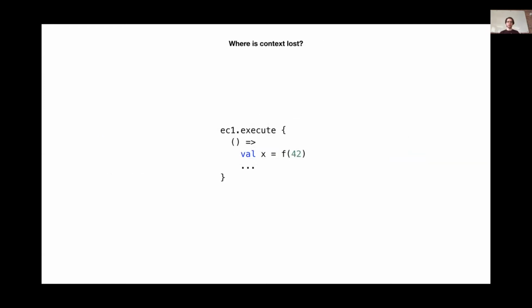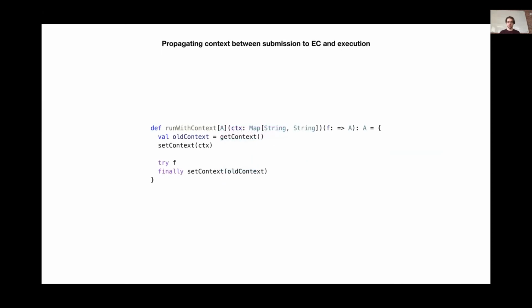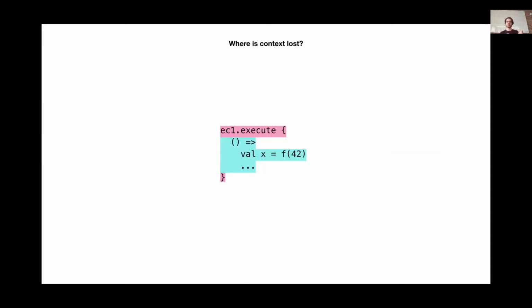So where is the context lost? Well, the context is lost between the call to execute and the time that we actually evaluate this runnable that we passed to execute. So the best approach to this, and the simplest one, is to catch the context before we go into execute and then inject it into the runnable.